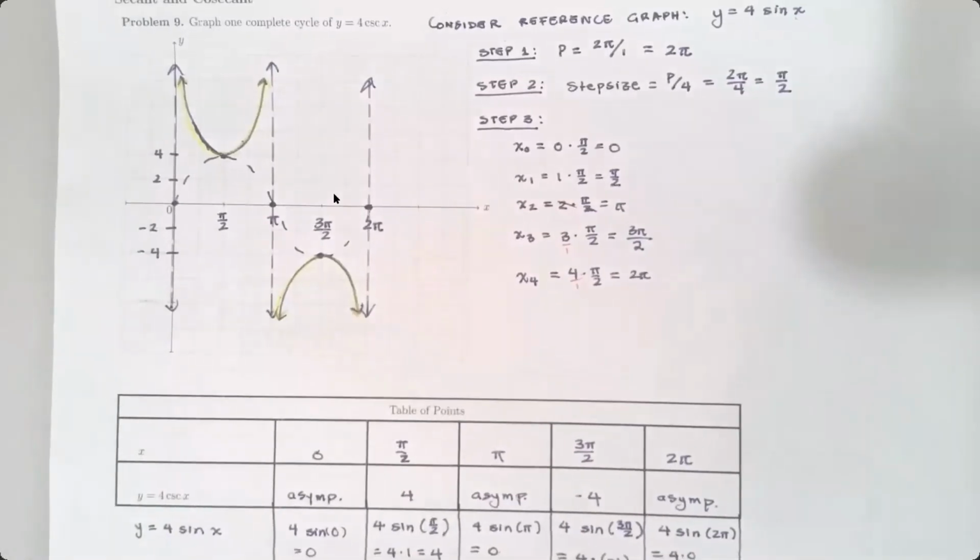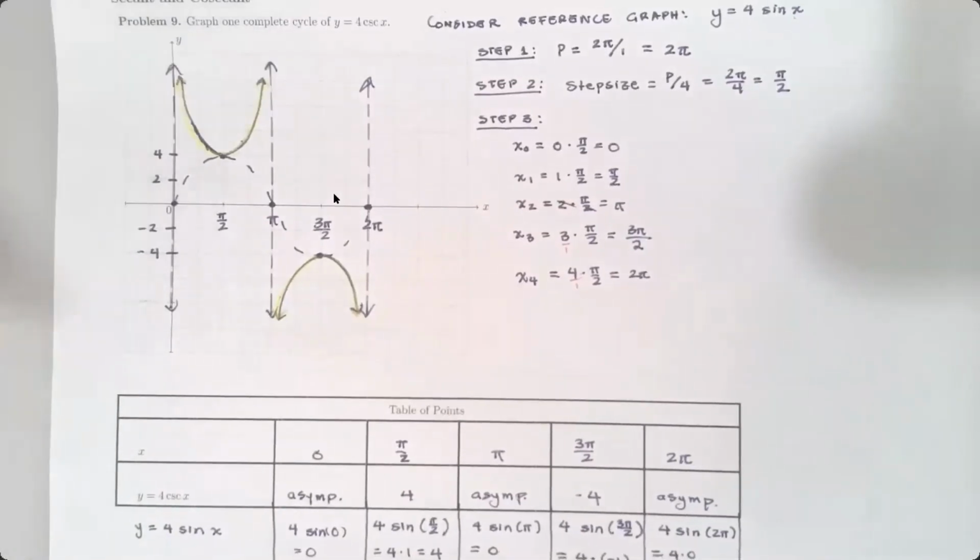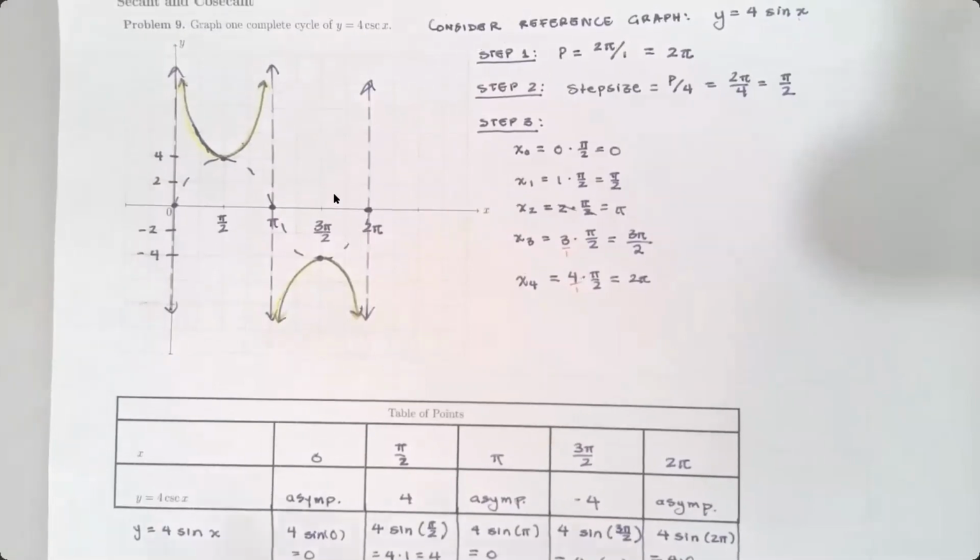So any questions here with how to graph the 4 cosecant x? And what I'm going to do is compare that one to the calculator. We want to make sure that we have the correct answer.